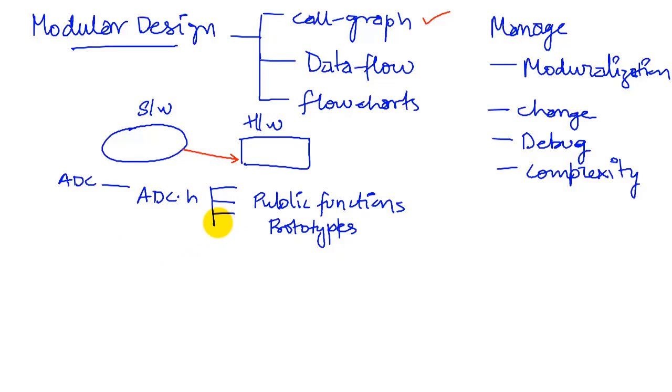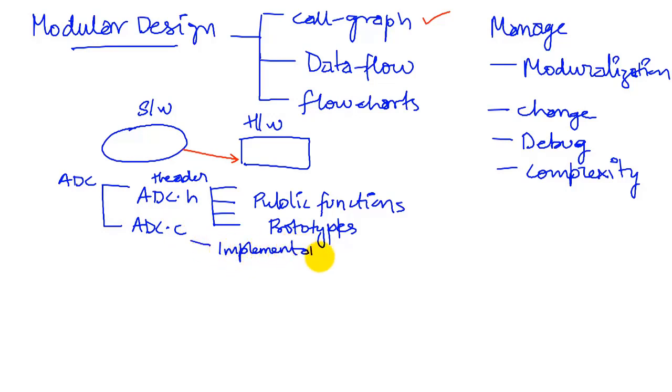So we'll list all the functions, and not just functions. If there's any other data that needs to be exposed, that's also going to be exposed in the header, as we call it. And then we will have an ADC.c, which will be the implementation.